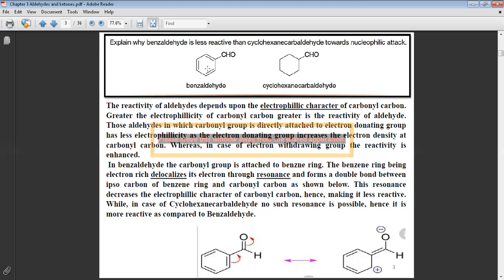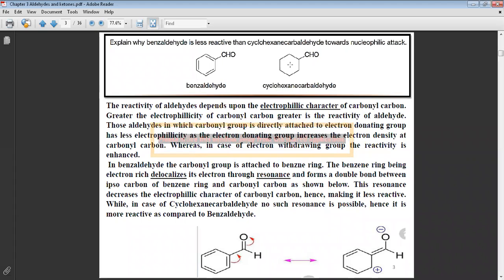Yes, full positive charge. If you go back to the activating and deactivating groups for nitration or reactions of benzene compounds. But here, no. Here we have inductive effect. This is donating, and this is donating by resonance effect. Now that means we have different compounds here, one of them aromatic and the other aliphatic.